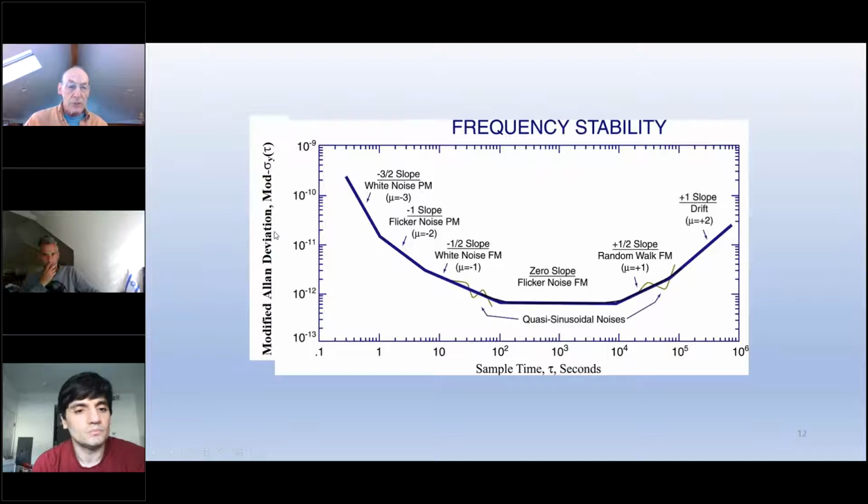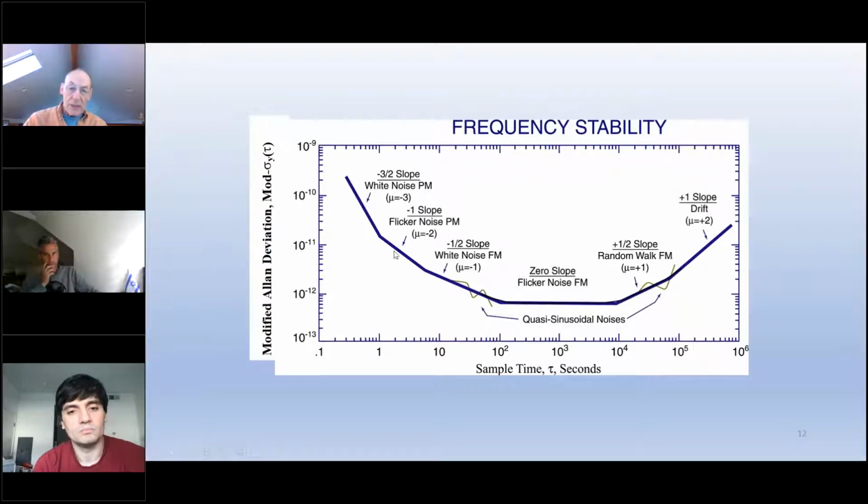So we're looking at the square root of the variance, which is the deviation. So there's a half here, because when you take the square root, that's an exponent of 1/2. So the Allan variance slope is -3, but we plot it as -3/2. White FM, white frequency, is -1/2.